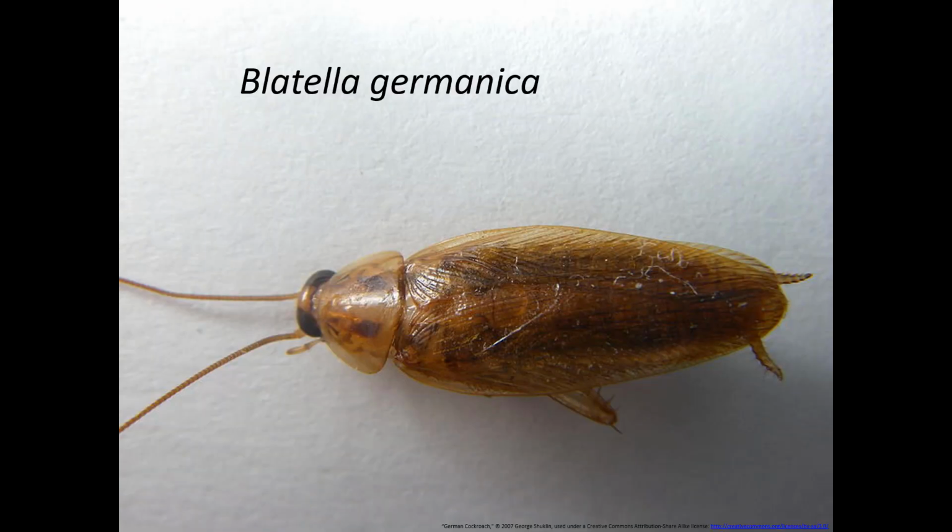So if and when you go into Urban Entomology, these are the 5 species of cockroaches that you will run into. The first is Blatella germanica. This is the German cockroach. This is one of the more prevalent cockroaches in the southern region of the US, although it can be found just about everywhere.